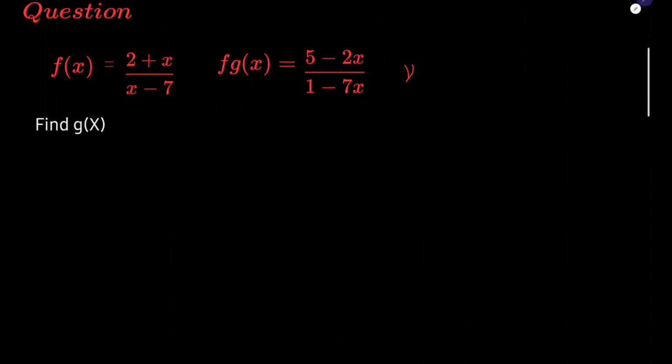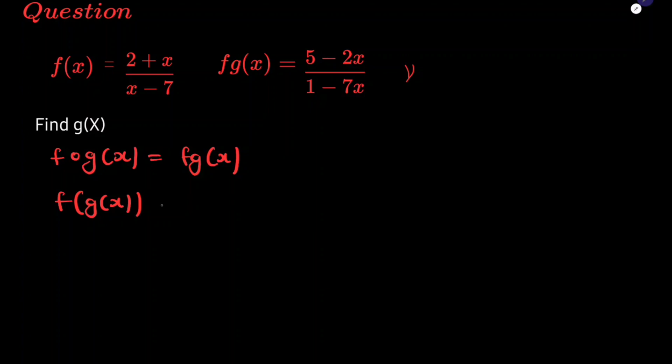So we are going to take this and equate it to what we have been given, so we are going to have f of g of x.